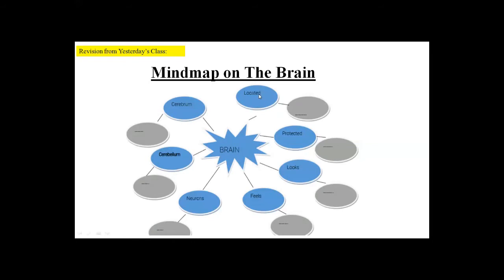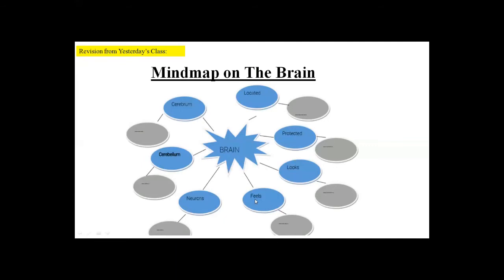It is located inside the head and protected by the skull. How does the brain look? It looks like a walnut. How does the brain feel? When you touch the brain, it feels soft and squishy.